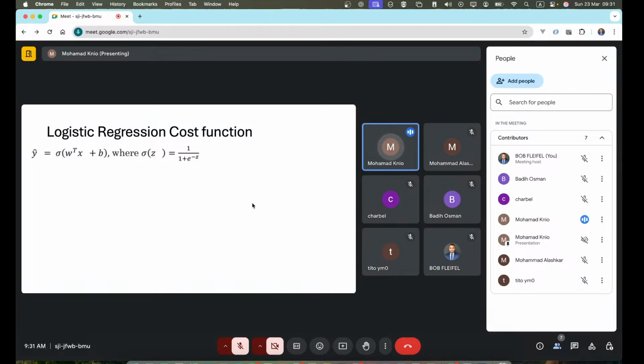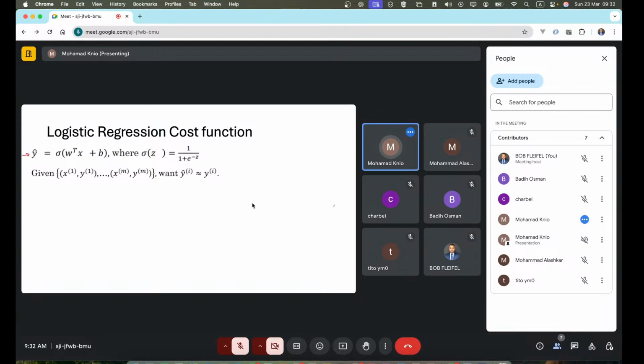So here, to recap what we have defined in the previous slide, y hat is a sigmoid of W transpose X plus B, where sigmoid of z is 1 over 1 plus e to the power of minus z. And to learn the parameters of your model, here is the training set.